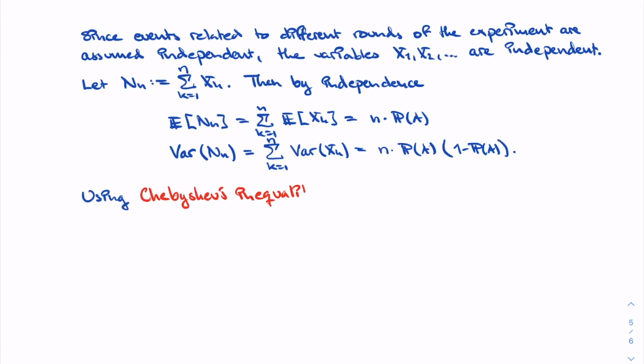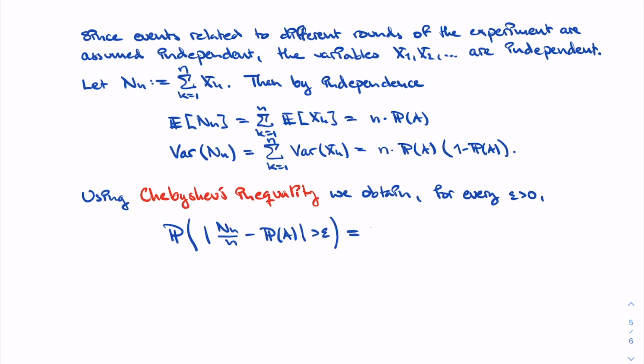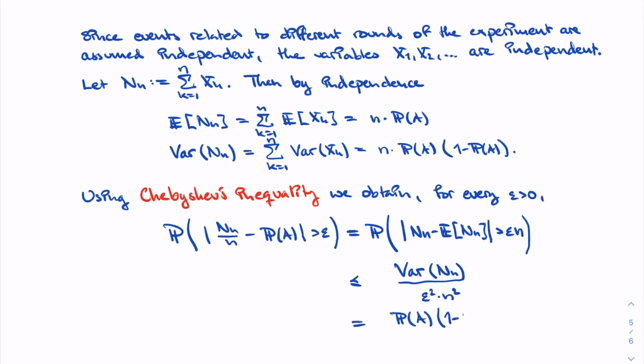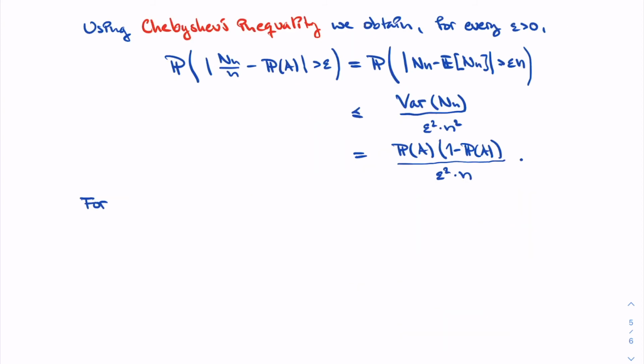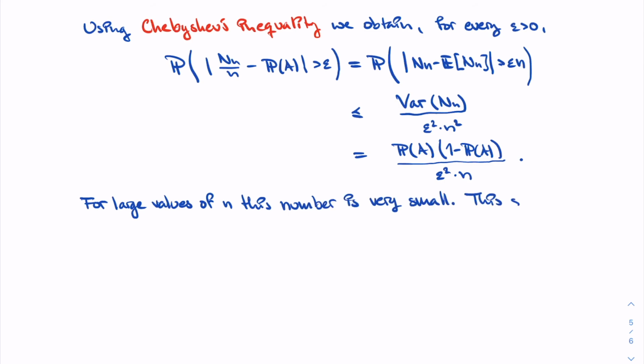N_n divided by n corresponds to the relative frequency of occurrences of the event A when the experiment is repeated. Using Chebyshev's inequality, we may bound the probability that this relative frequency deviates from its expectation by a small number. For large values of n, this number is very small.